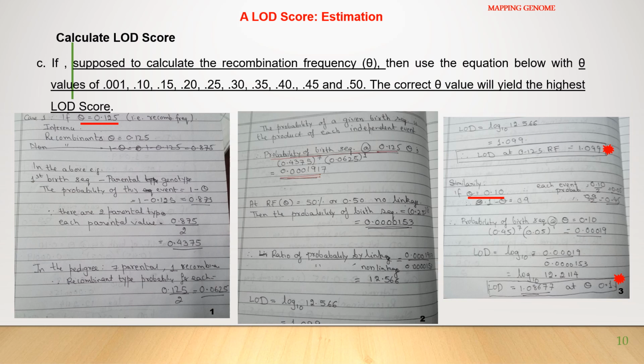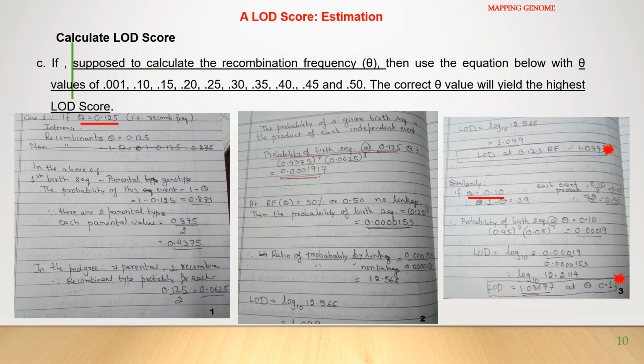Now, when we learn the crosses, we know in the progeny we would get two parental types. So here each parental value would be 0.875 divided by 2. That comes to be 0.4375.